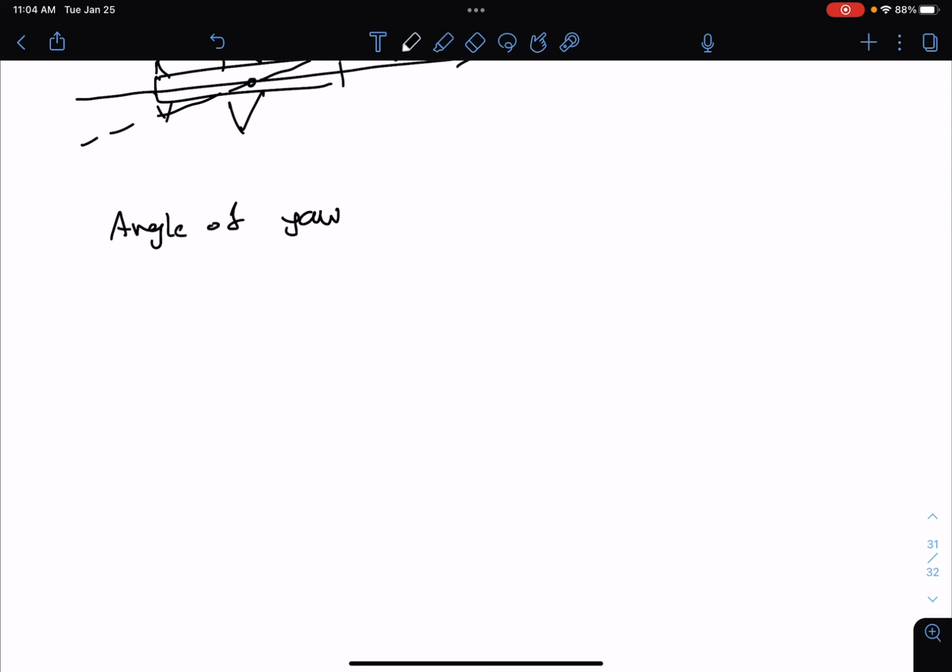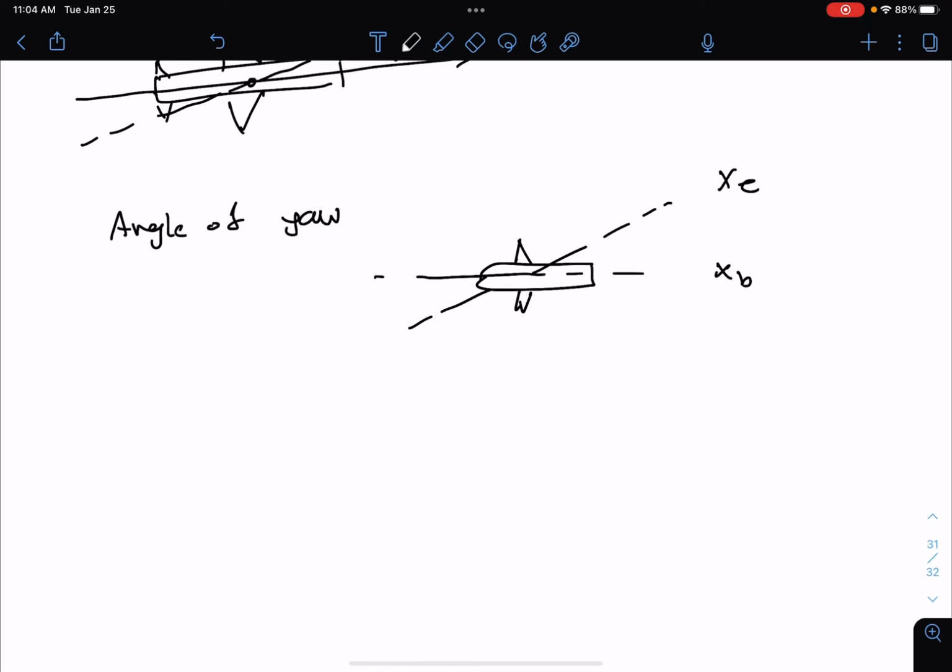So let's say this is my aircraft, right? And this is XE. So XB. And since I'm looking at the top of it, I'm essentially looking at the projection of XB on the XEYE plane, right? So I'm already looking at the projection. That projection made things complicated. How would you define angle of yaw here? The angle between these two, right? Psi.